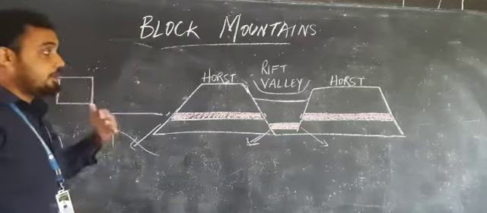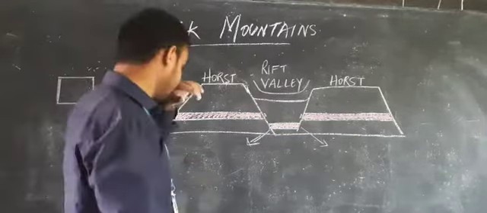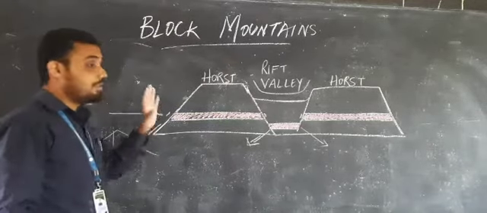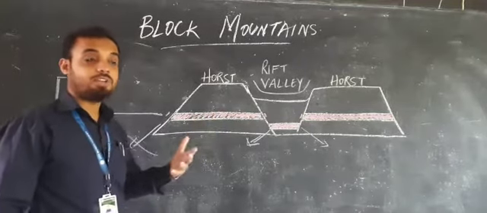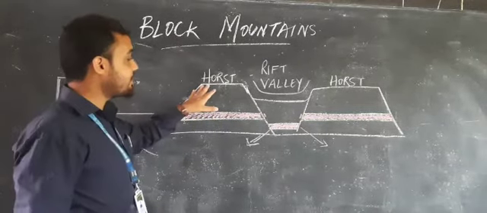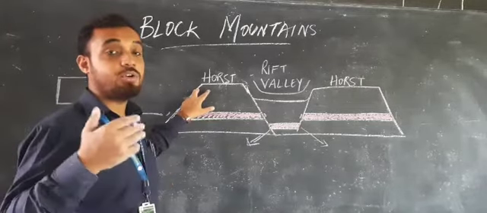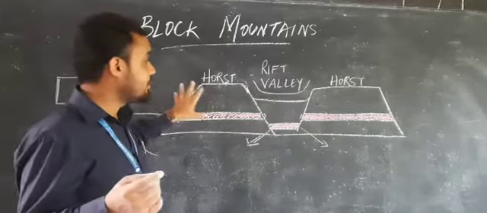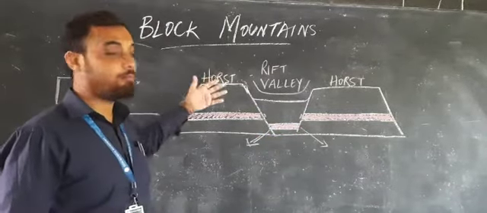Now once again I am recalling whatever we taught. What is a block? A block is a large piece of something which has flat sides. You can see the topmost portion is flat because it is a block mountain. The crack took place, some portion came down, some portion rose up.